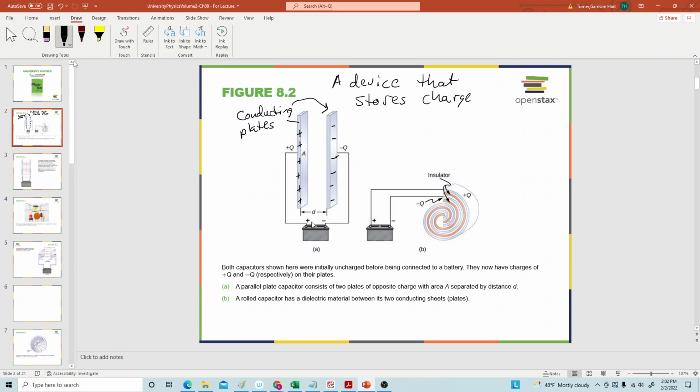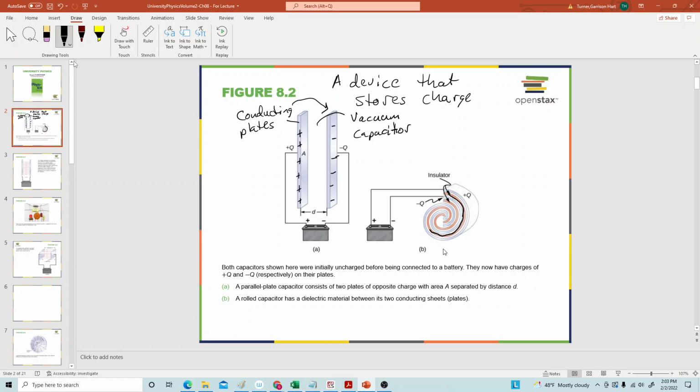And as shown, if you have two parallel plates separated by a distance d and there's nothing in between them, sometimes this is called a vacuum capacitor. And when you put an insulating material in between your conducting plates, this is sometimes called an insulating capacitor.